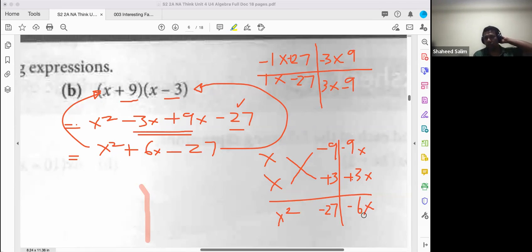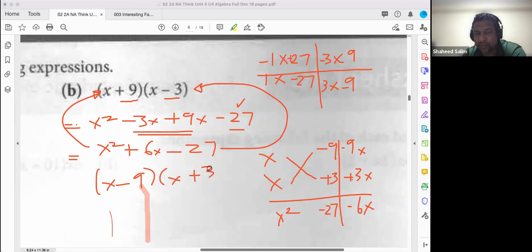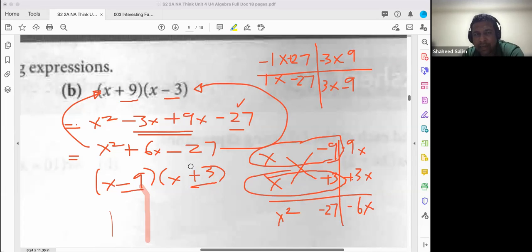So I want you to learn this. If you simplify x minus 9, x plus 3, because finally you need to do like that, right? Now, if you do like that, negative 9 plus 3, understand that your middle term is going to be negative.